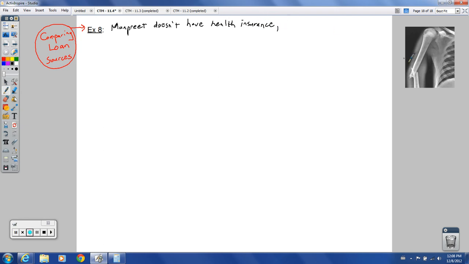And you can see what happened to Manpreet over here. This is bad news. She recently broke her arm. She had to pay the hospital bill.